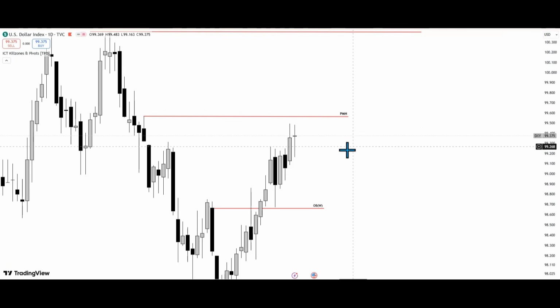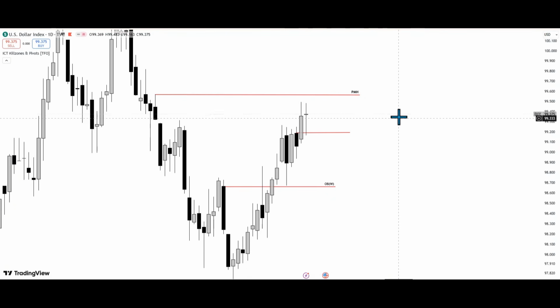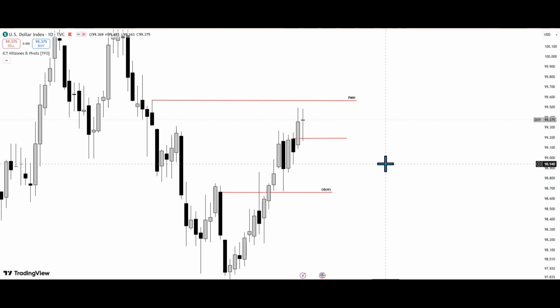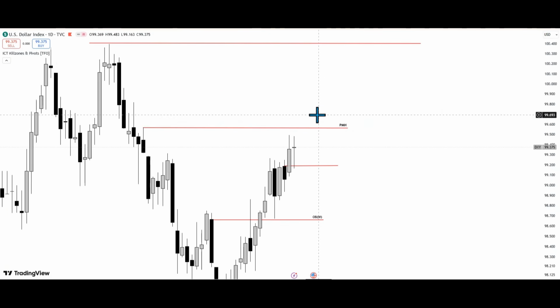If you look at the daily time frame, you can see we have this order block here, which was tagged by price. So far that's the only PD array we have. Most probably either we have a retracement back to this order block, which was already tagged, but still this is a possibility, and then we continue with the move, or we just rally price to tag this previous month high.